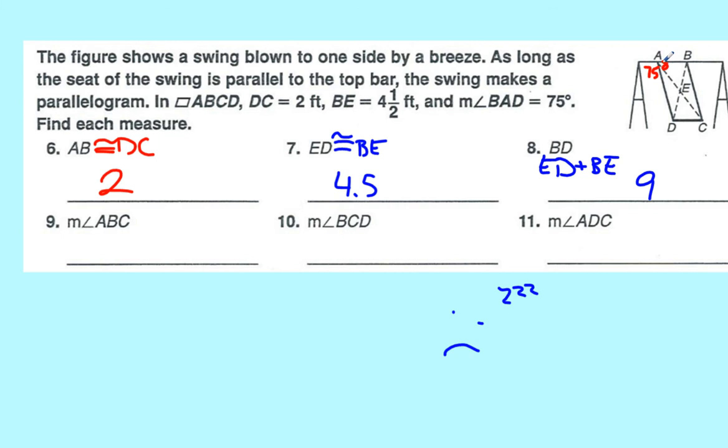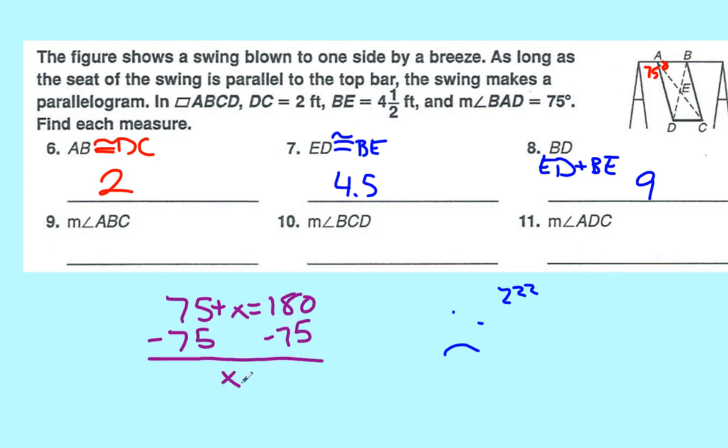So ABC is this angle here. And if we know this is 75, and we know that consecutive angles on a parallelogram are always supplementary, that means that 75 plus whatever this angle is has to add up to 180. If we solve for x, simple algebra, which we need to review since we can't even factor. Oh my goodness. 180 minus 75 is 105 degrees.